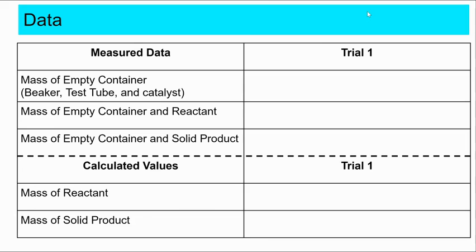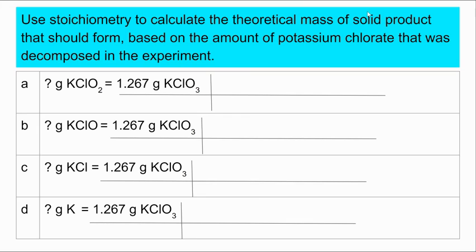Now we'll need to use stoichiometry to compare our experimental data to our theoretical calculations. Using stoichiometry, calculate the theoretical mass of solid product that should form based on the amount of potassium chlorate that was decomposed in the experiment.